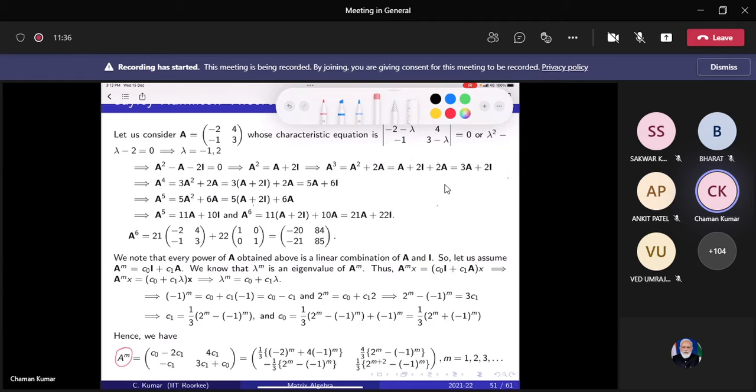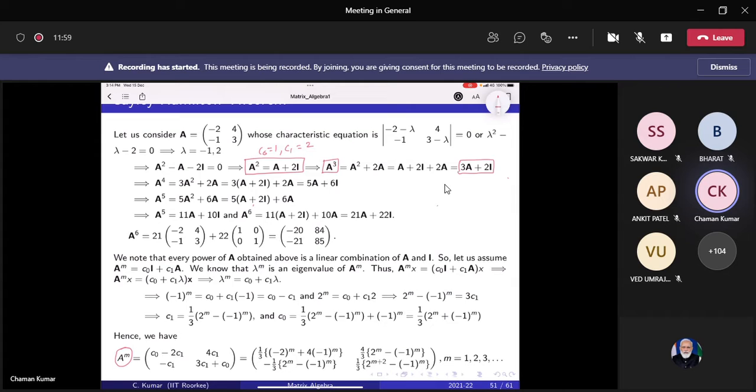Okay, so if m is equal to 2, then you get this. And in that case, C naught is 1 and C1 is 2. If m is equal to 3, you get A raised to 3 as 3A plus 2I.